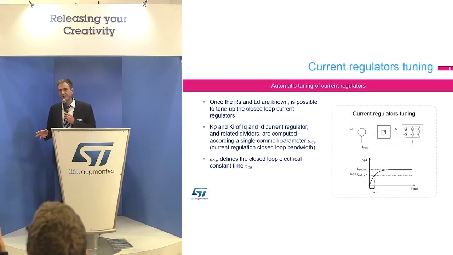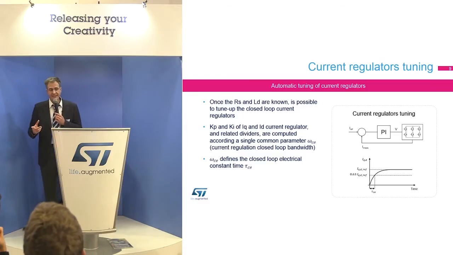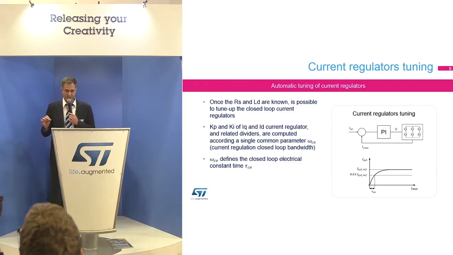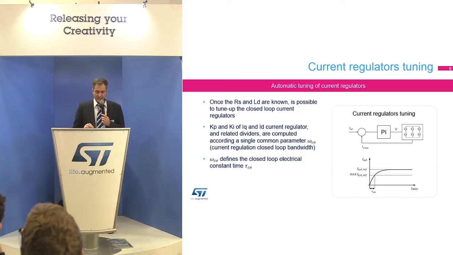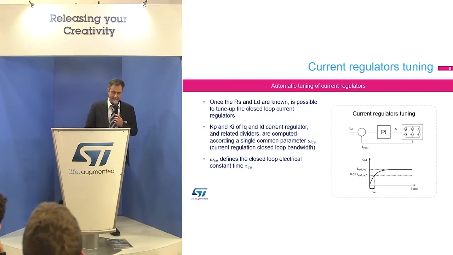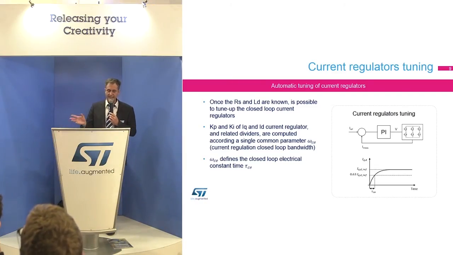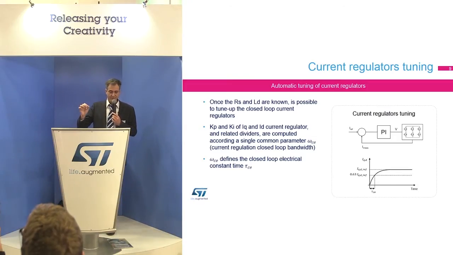When both motor resistance and inductance are measured, it is time to tune the current regulator. We have all the information to tune it, and this is done automatically by the firmware, calculating the proportional and integral terms of the IQ and ID current regulation, in order to achieve a specific bandwidth of the closed loop system.